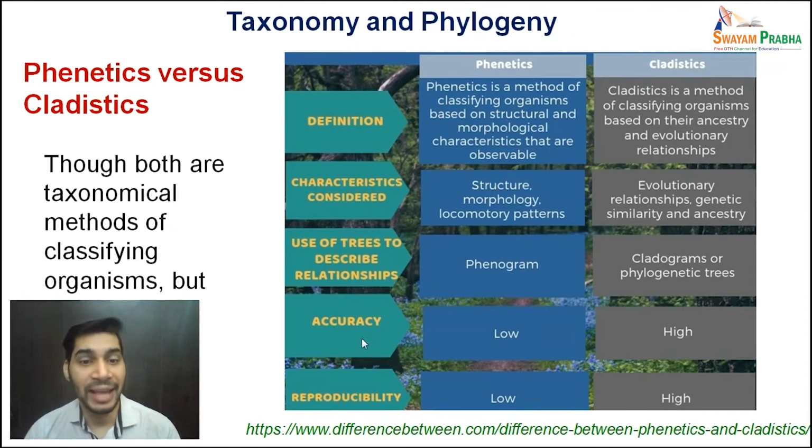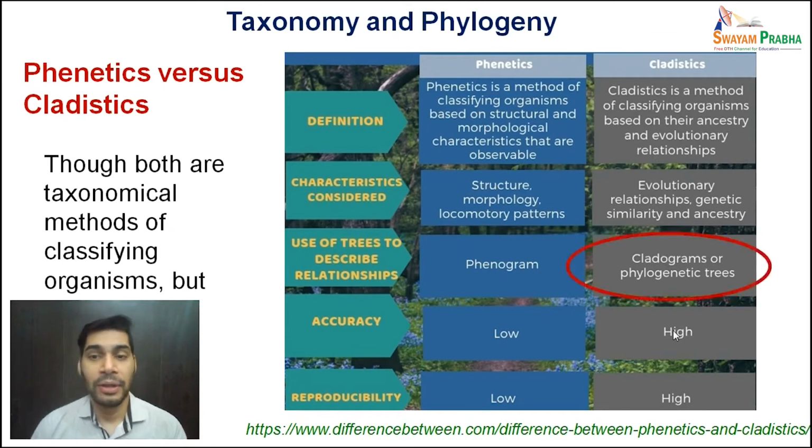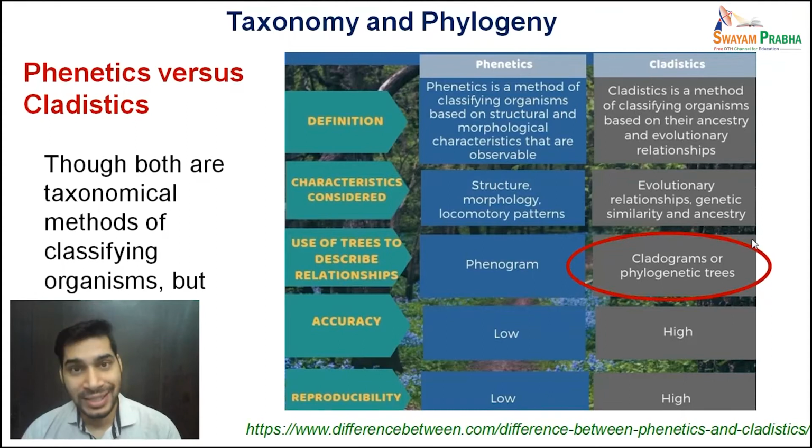The accuracy and reproducibility both are low in phenetics as compared to cladistics, which is highly reproducible and highly accurate. Now we are going to focus particularly on these cladograms and phylogenetic trees.